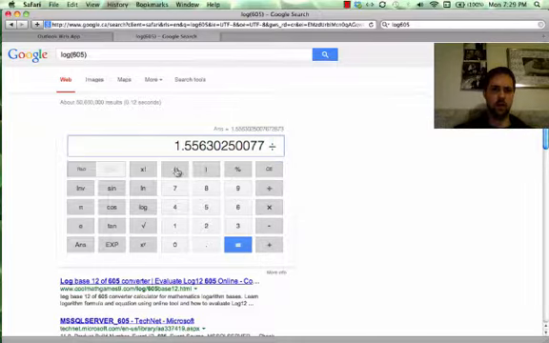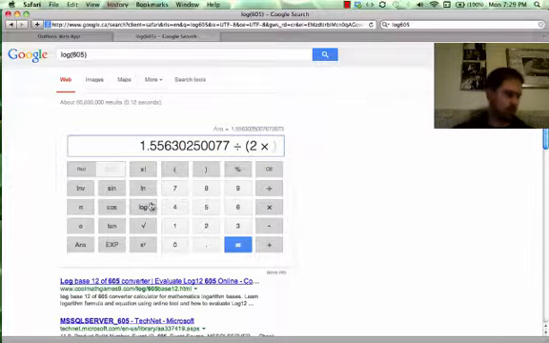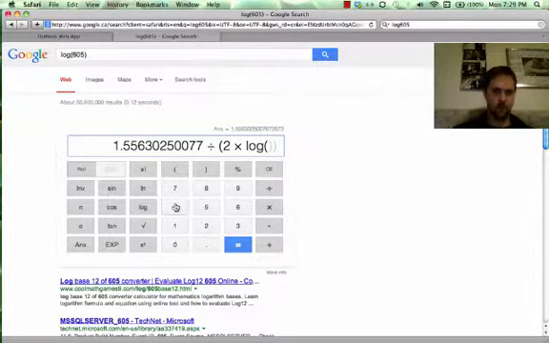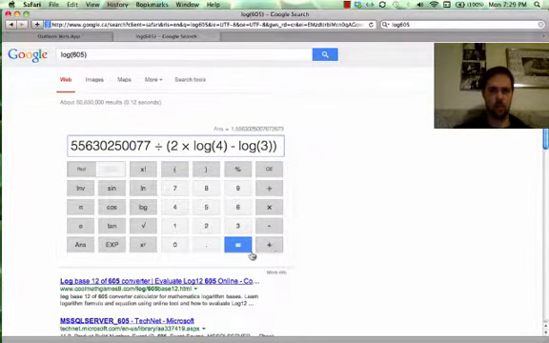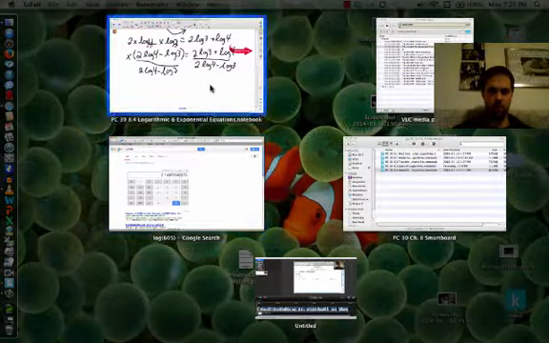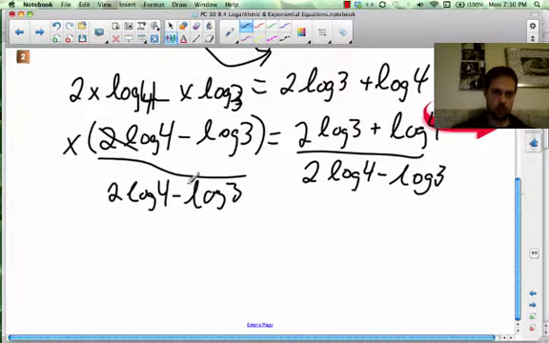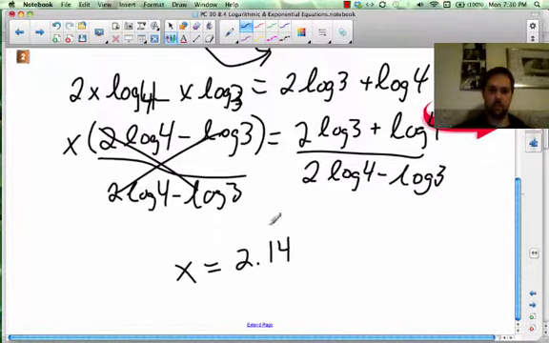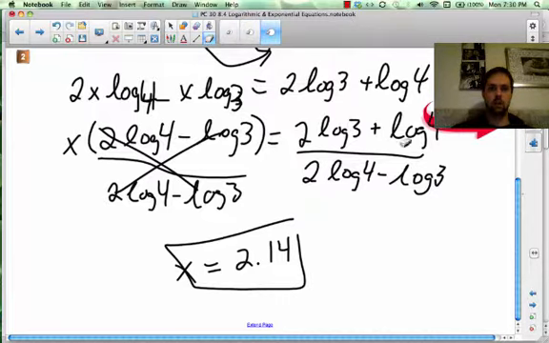Now we are going to divide that by this whole thing, which is 2 times the log of 4, and then minus the log of 3. And that should do it. And we get right around 2.14. So our answer, of course, that left us with just x. X equals roughly 2.14. And that's done.